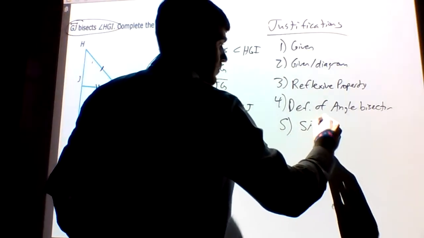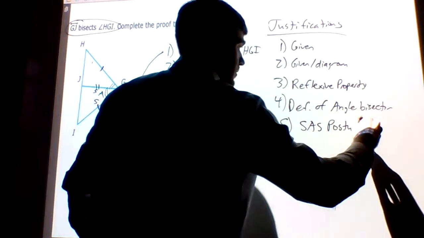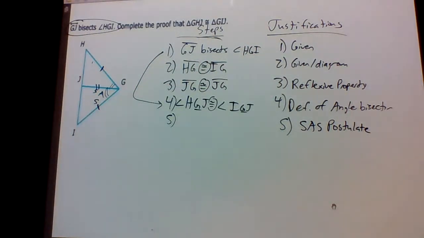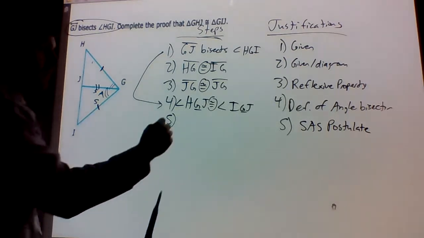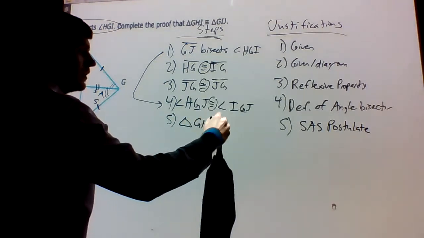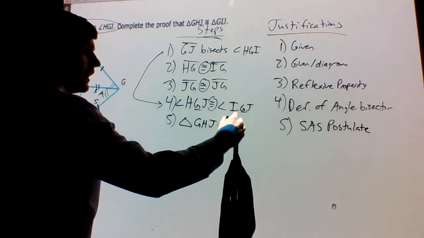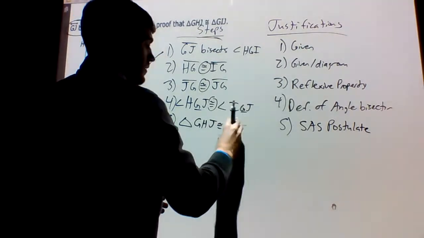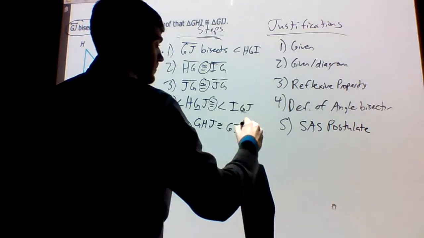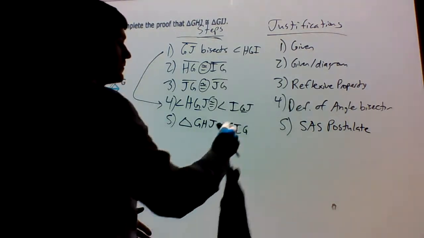So the side angle side postulate tells us if you have 2 pairs of congruent sides and the included angles are congruent, then the triangles are going to be congruent. So triangle GHJ is congruent to triangle GIJ.